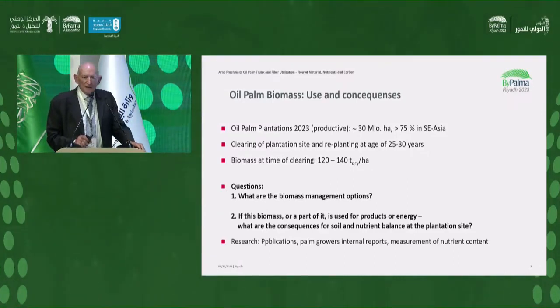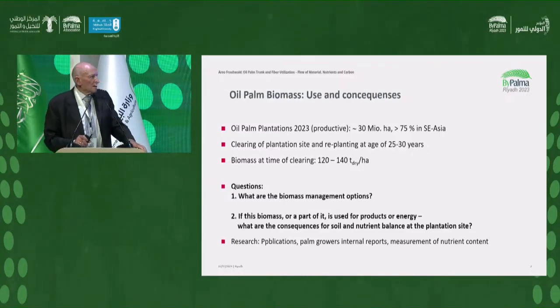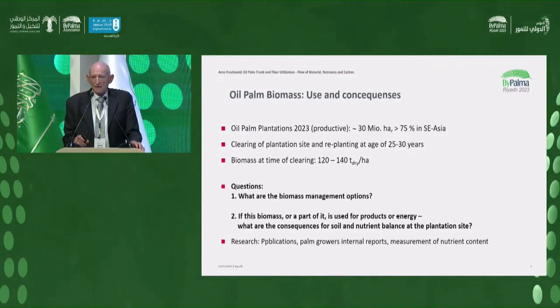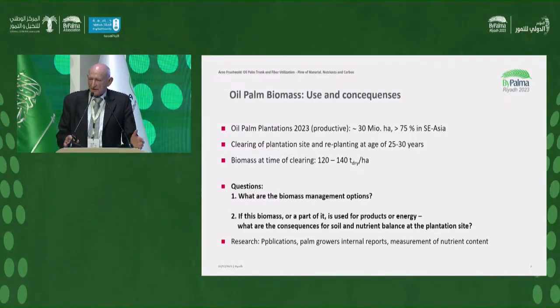And when clearing, we have a huge amount of biomass on the site. It's about 130 dry tons of biomass per hectare on average. This is impressive compared, for example, to date palm or to other palms. So it is obvious that we are thinking of using at least a part of this material.